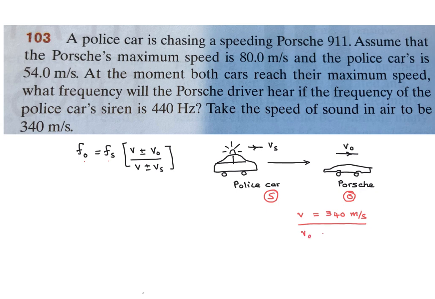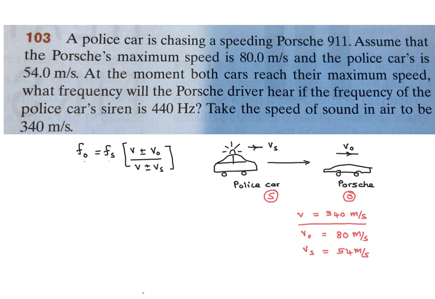So let me fill that out. The observer in this case is the Porsche, with a maximum speed of 80 meters per second, and the source is the police car, with a maximum speed of 54 meters per second.